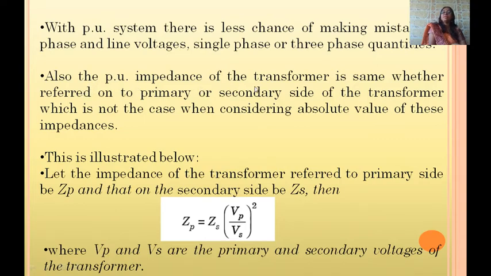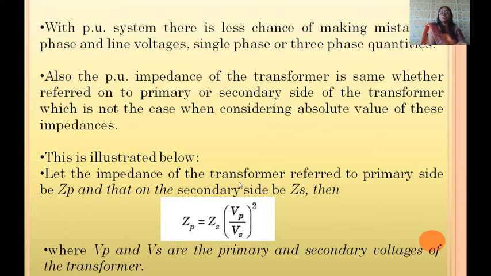Also, per unit impedance of the transformer is the same whether referred to the primary or secondary side of the transformer, which is not the case when considering the absolute values of these impedances. We know that when we are considering a transformer, impedance referred to the primary side is different, while impedance referred to the secondary side will be different, but this is not the case for per unit quantity. Whatever the value of Z per unit on the primary side, the same will be for the secondary side.